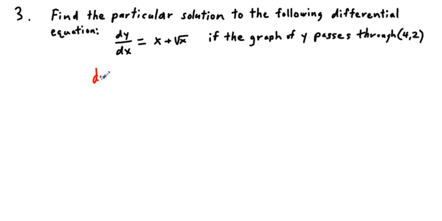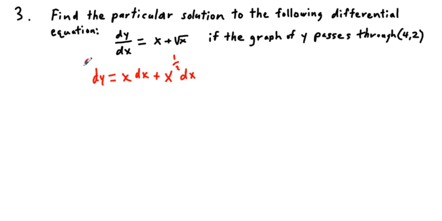So we have dy is equal to x dx plus, I'm going to say x to the 1/2 power dx. Okay, so that's the separation of variables in a free response AP Calculus test. You'll get 1 point for that probably.